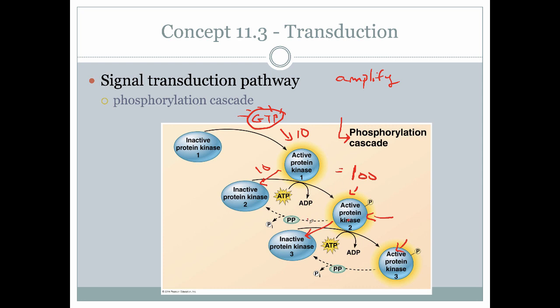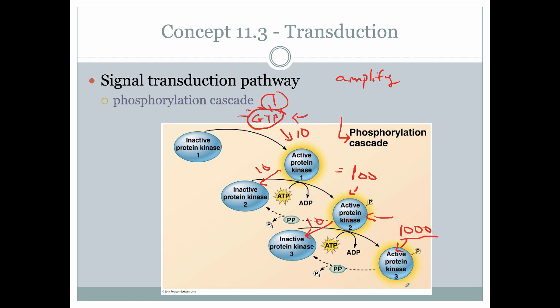And let's say that each protein kinase 2 can phosphorylate and activate 10 protein kinases 3. We now have 100 times 10, which now means that we've got 1,000 protein kinase 3s that were active. So from a single G protein, one G protein here, through this phosphorylation cascade, we have amplified the signal so that 1,000 protein kinase 3s have been activated.